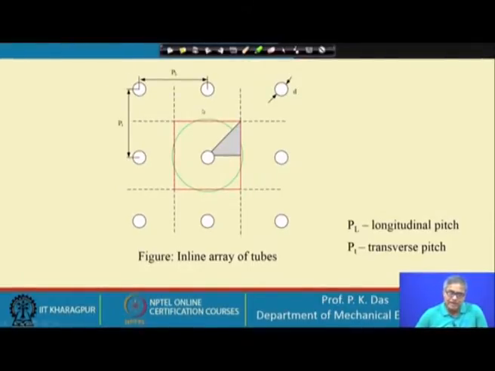If there are a large number of tubes in a big heat exchanger, all the tubes will have some sort of square fin, and these red boundaries are thermally insulating or adiabatic boundaries. There will not be any heat transfer across, or normal to, the red boundaries.